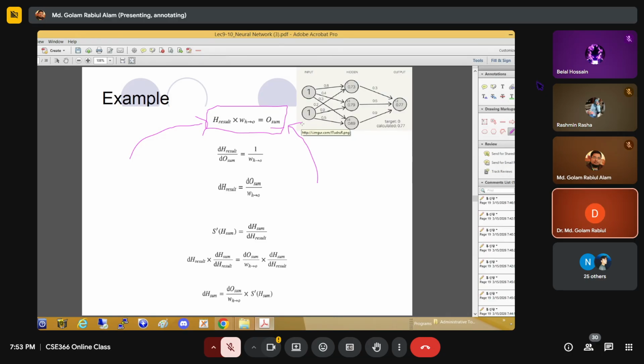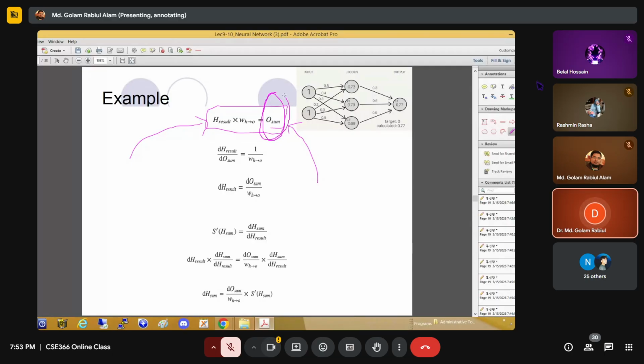But this time, instead of taking the derivative with respect to W, we want to take the derivative of this equation with respect to O sum.